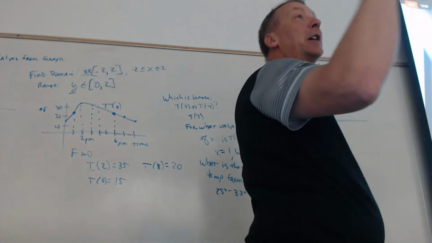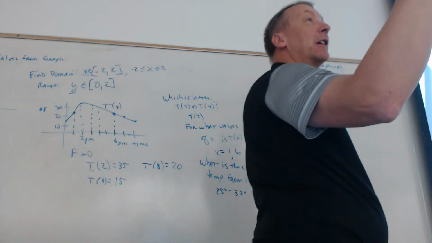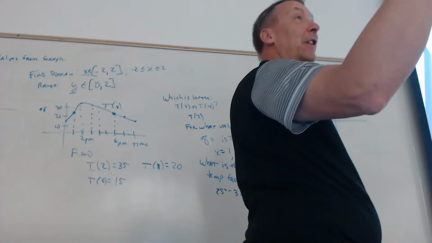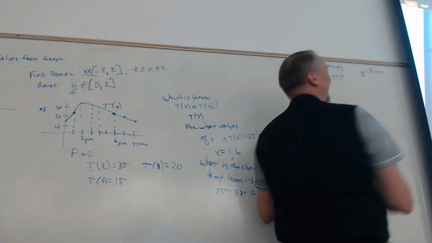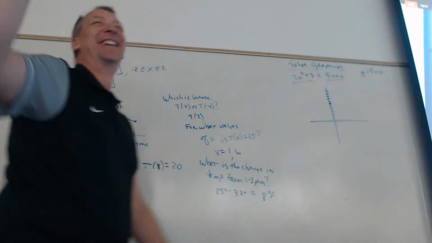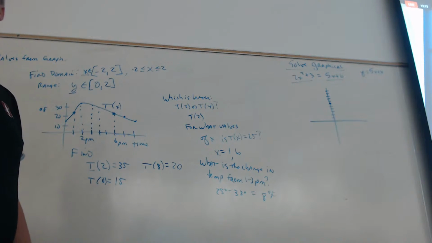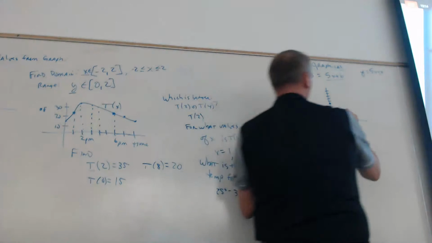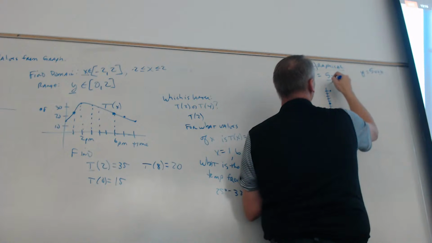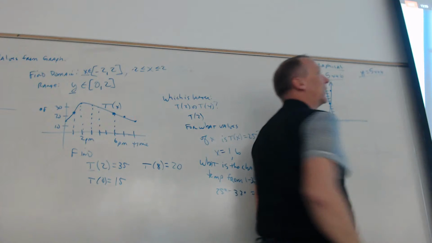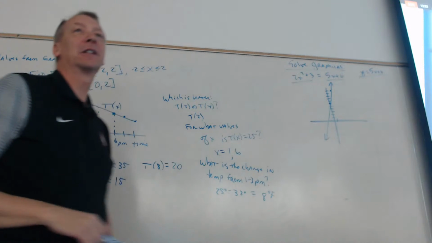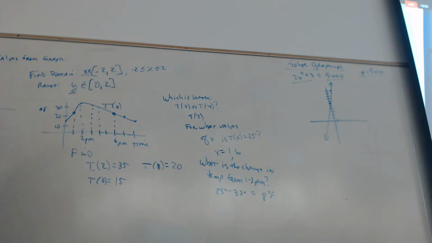We're now going to rise 5. Thank you, Stephen, on the front row. And we're going to run 1. Okay, so that's good. So we've got a straight line there. You recognized that it was a straight line instantly, right? Okay? I won't make you do the whole thing by yourself.